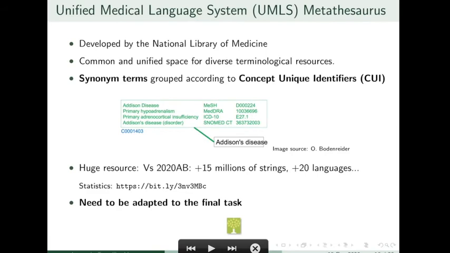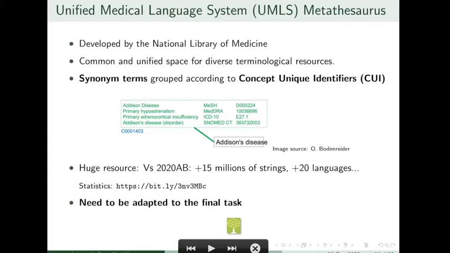Luckily, we have a resource called the Unified Medical Language System Metathesaurus, which is also developed by the National Library of Medicine. This is a common and unified space for diverse terminological resources. There, synonym terms are grouped according to concept unique identifiers.